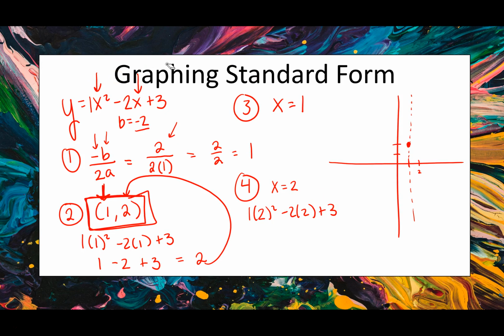Pick up your calculator or do this in your head or do it on paper, but you're going to get 2 squared is 4 times 1 is 4 minus 4 plus 3. Well, that is 3. So you have the point 2, 3. So that's going to be right here.